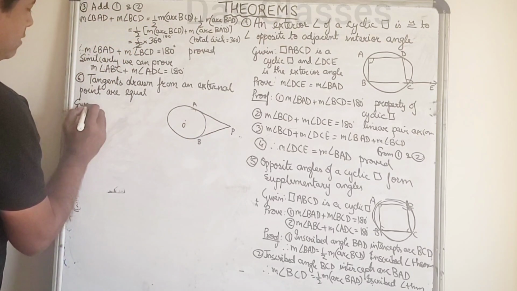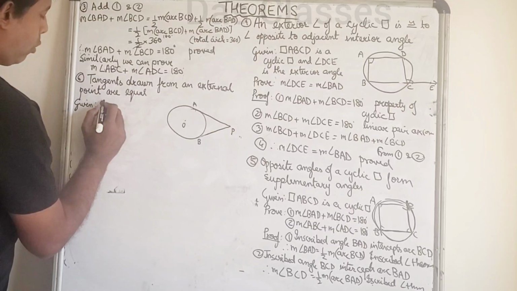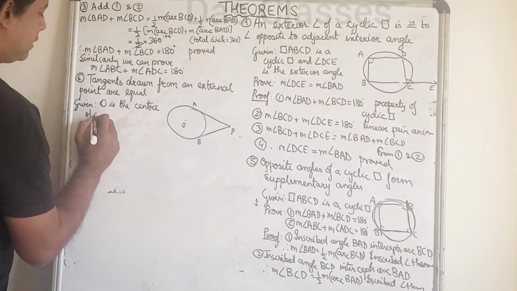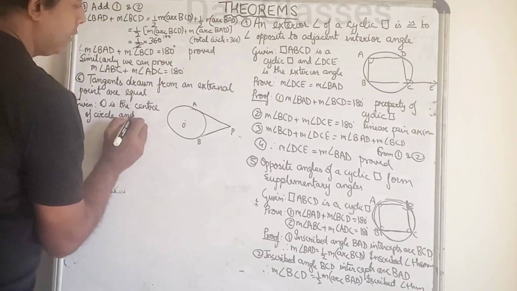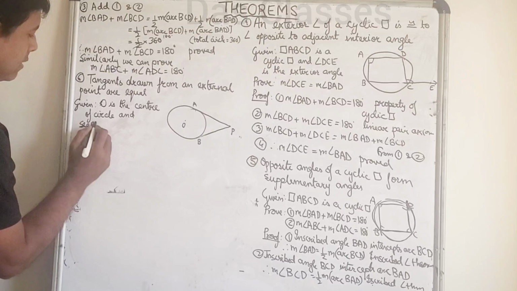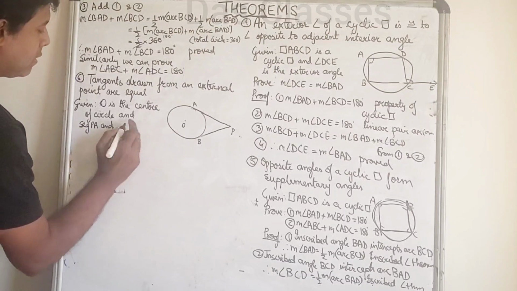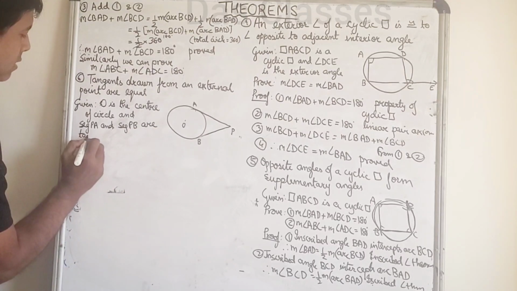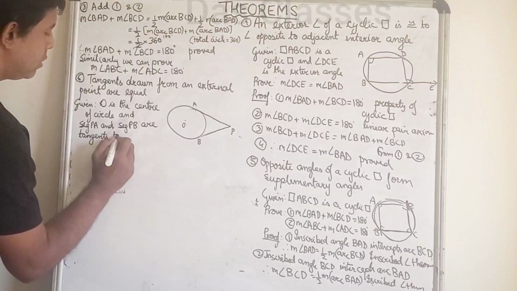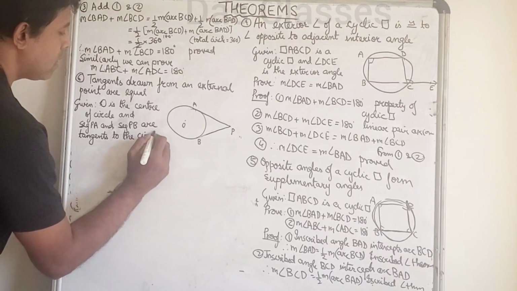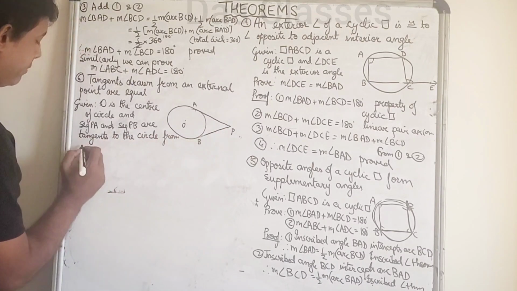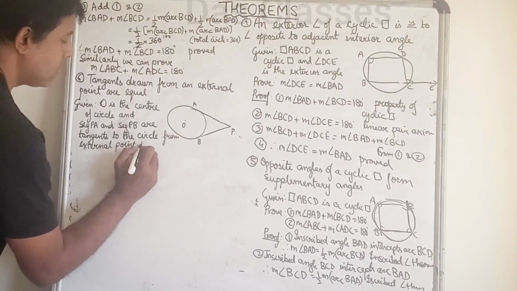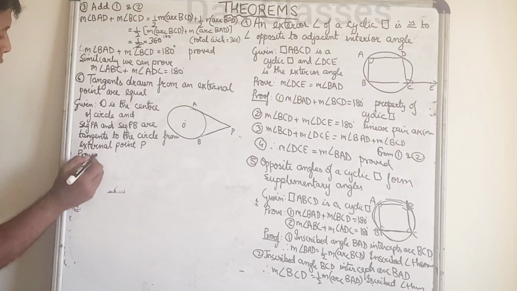So given is segment P O is the center of circle, and segment PA and segment PB are tangents to the circle, from external point P. So we have to prove, what is the proof?